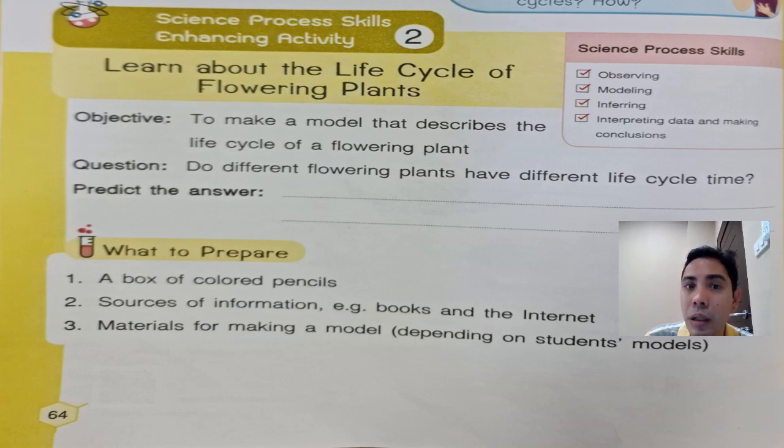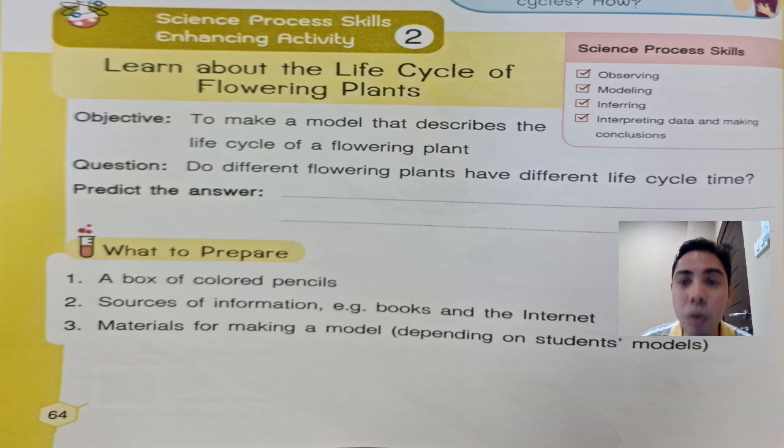But are they different with their life cycle? Do all plants, do all flowers grow at the same time? What do you think? If your answer is no, yes, they grow in different time.